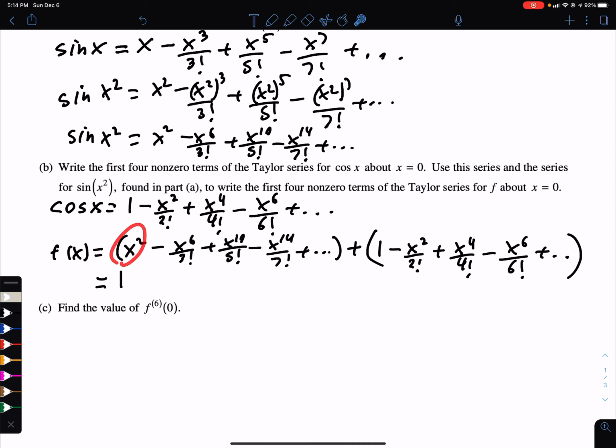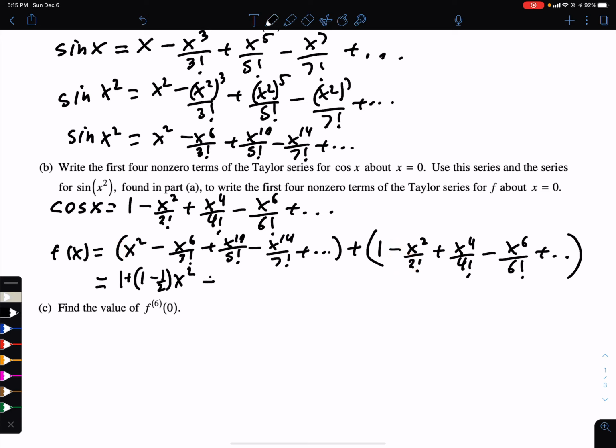So it's that plus that. But we need to combine those. So I'm going to factor out the x squared. And what does that leave us? 1 minus 1/2. Where'd that come from? It's 1x squared minus 1/2 x squared. So we're going to get a half there.